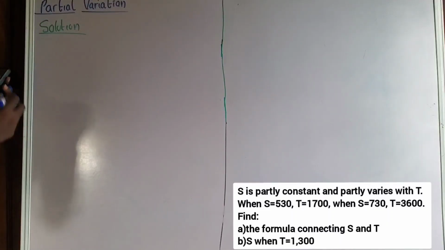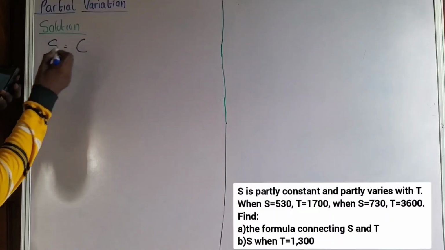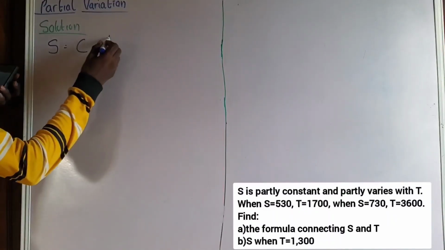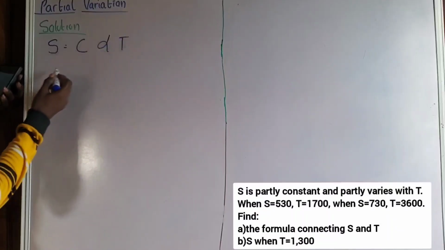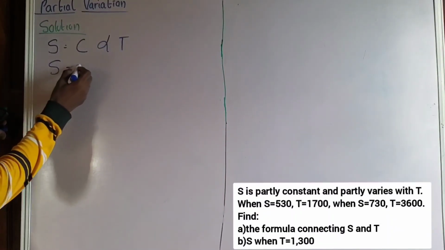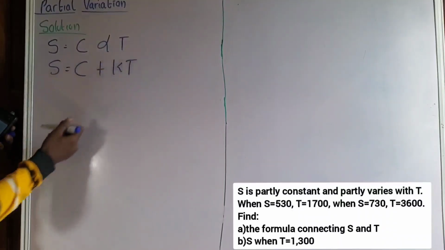We are given that s is partly constant and partly varies with t. So for this, I'm going to have s equals c plus kt. You understand?